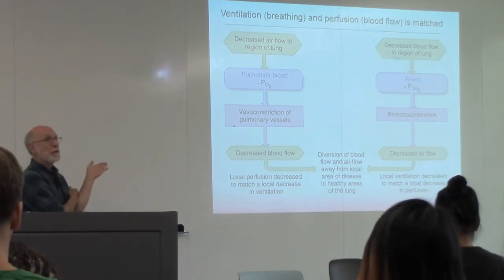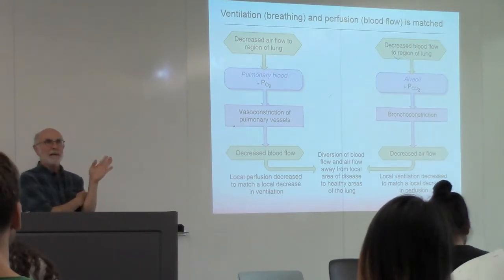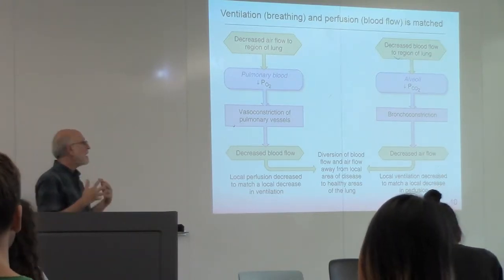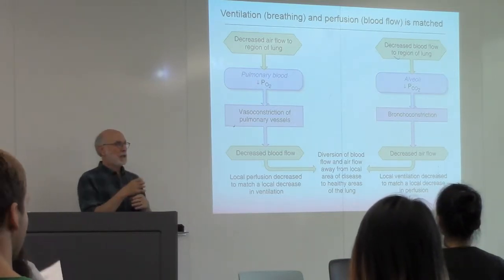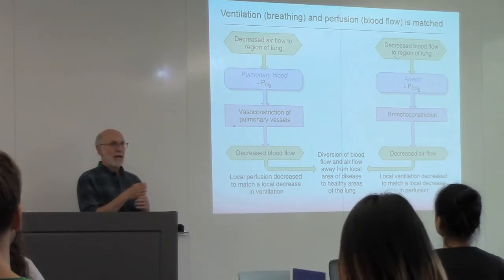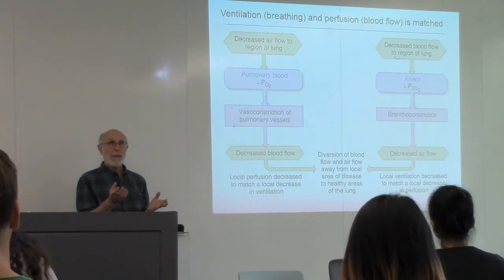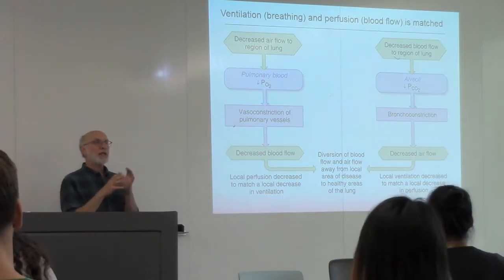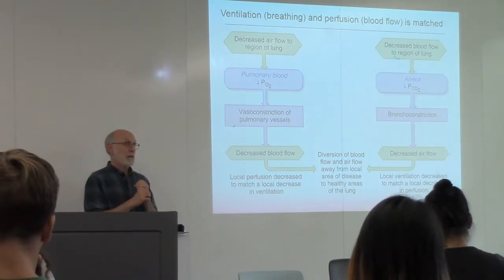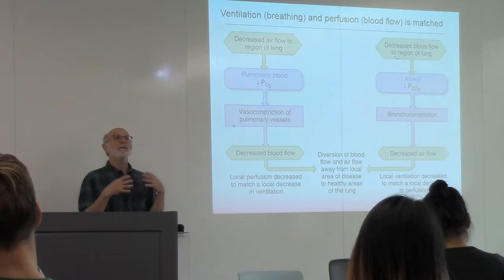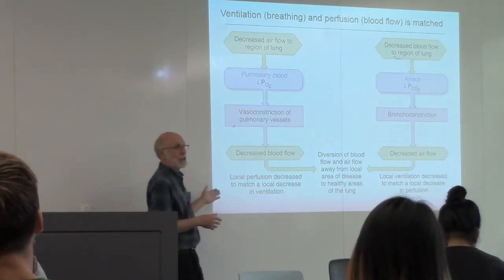So this is a figure from your textbook, and it makes it more complicated than it needs to be. The main point is that the smooth muscle that controls airway and therefore controls ventilation, and the smooth muscle that controls arterioles in the pulmonary circulation and therefore controls perfusion of the alveoli is normally matched.